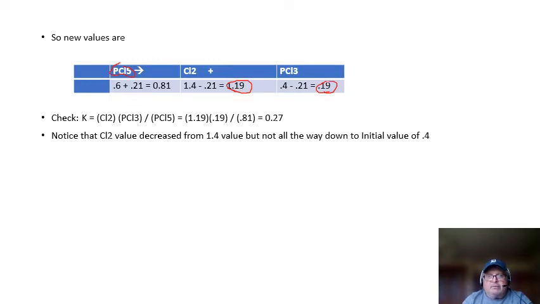All right, so notice that our original pressure of Cl2 was 0.4, so you can see that it did increase, but it dropped down from the 1.4 that we started with. So that's what we said in the graph.